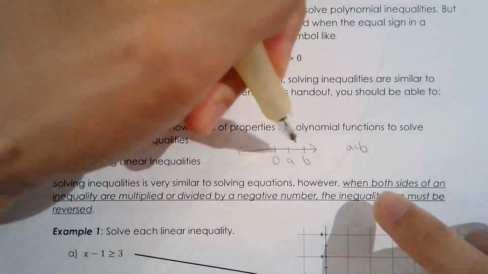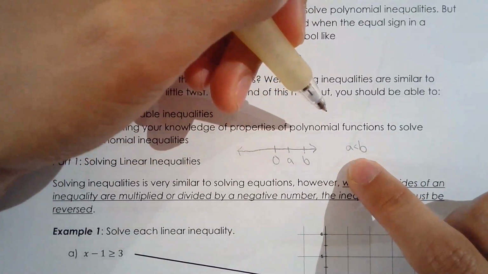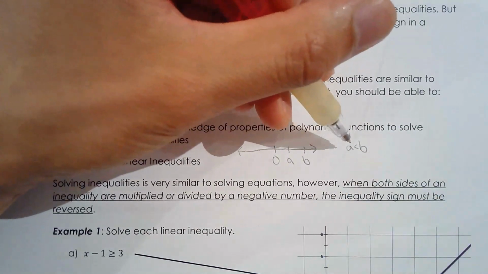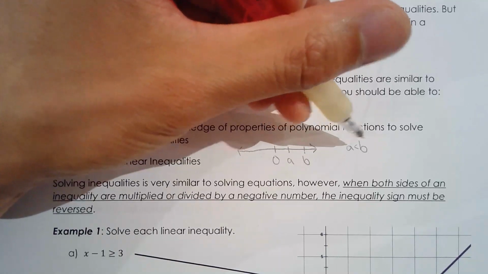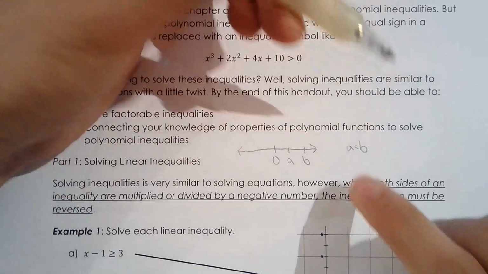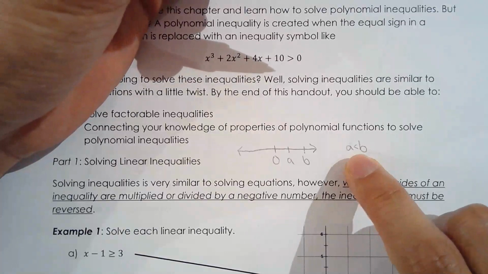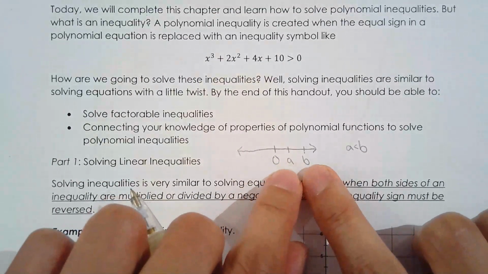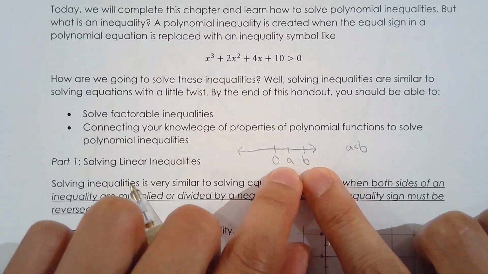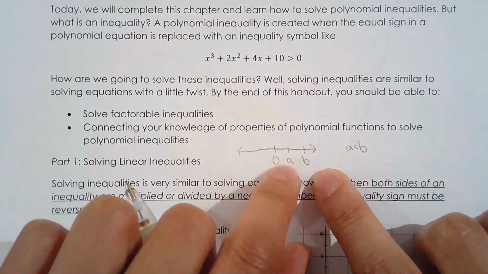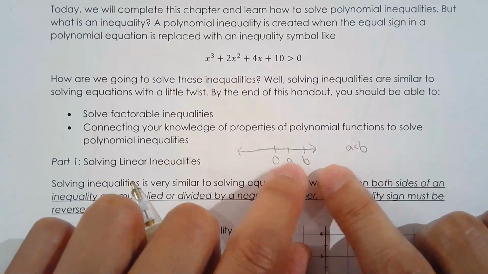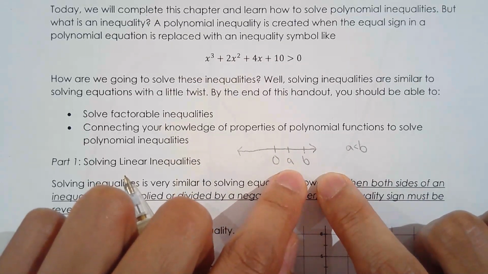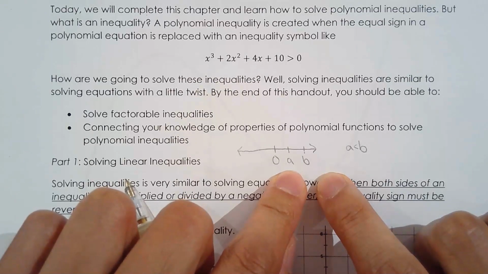Now what if I chose to add 2 to both sides of this inequality? It'll be A plus 2 and B plus 2. Will this inequality symbol still hold true? If I take A and add 2 and B and add 2, will A plus 2 still be less than B plus 2?